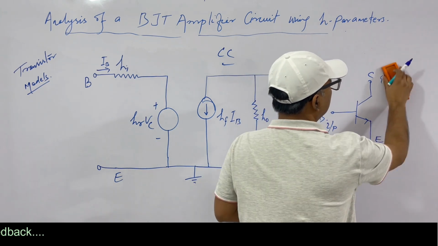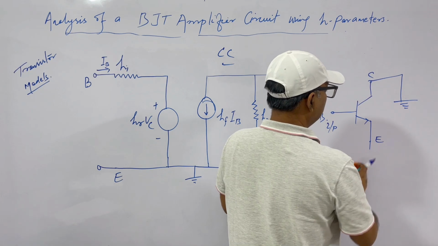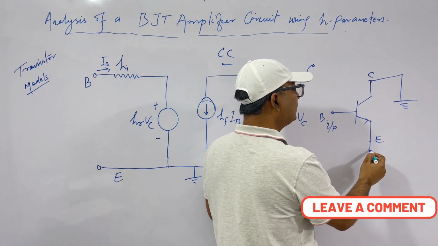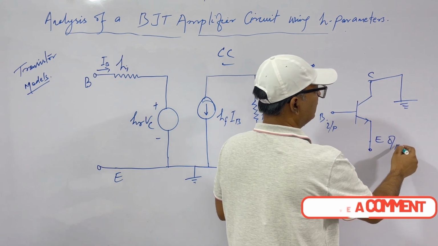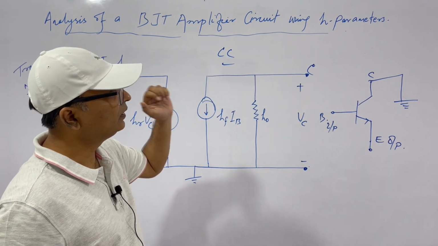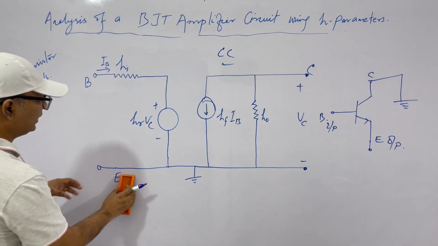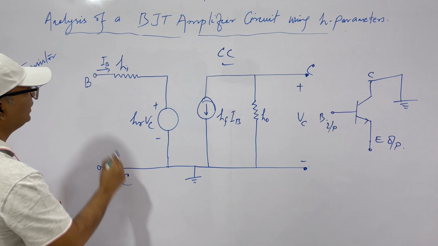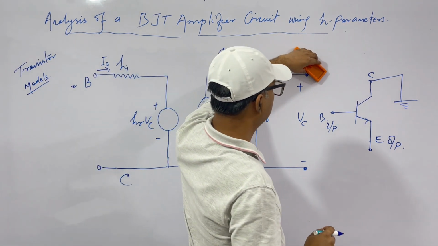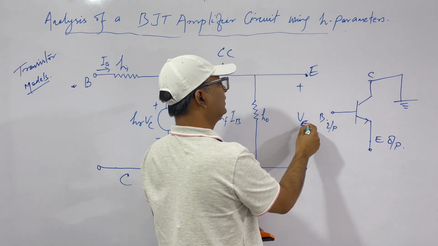Common collector means this is common, this is grounded. Then we take input at base and we take output at emitter. This is common collector. So what changes will we have to make? Our common is collector, that is this is C, and input is at base, no issue. Output is emitter, E. Therefore this VC becomes VE.